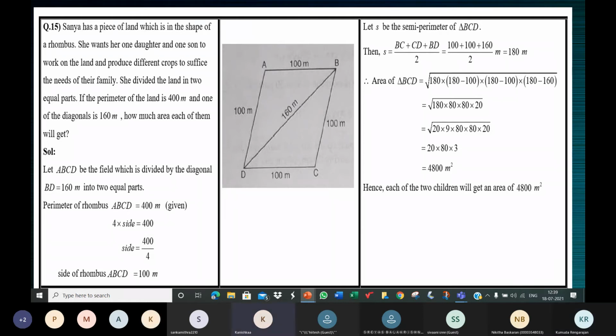AC is equal to 120 meter. AC is how much? 120, ma'am. Yes, ma'am. Read out your working. Let's see what you worked. Let me hear what you worked.